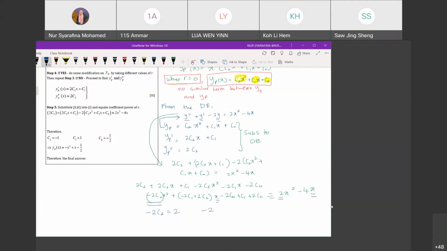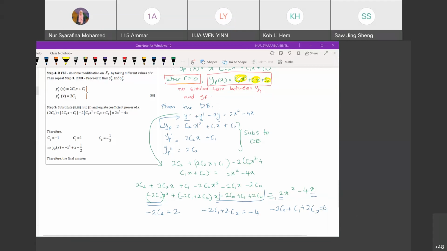So minus 2c1 plus 2c2 equals negative 4. And then the rest is constant. Compare with constant. There are no constants. So minus 2c0 plus c1 plus 2c2 equals 0. So solving these three equations will give you the values of c0, c1, and c2. Is that clear?